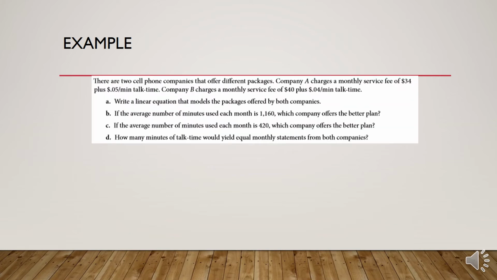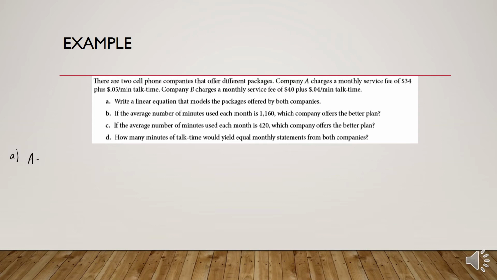In our next example, we have two cell phone companies, and they offer different packages. Company A charges a monthly service fee of $34 plus 5 cents per minute for talk time, and Company B charges a monthly service fee of $40 plus 4 cents per minute of talk time. For the first part of this, we're going to write a linear equation that models the packages offered by different companies. So we'll start with A. All of this is dependent on how much you talk.